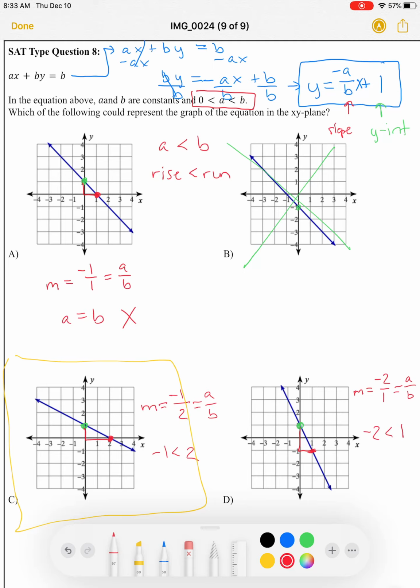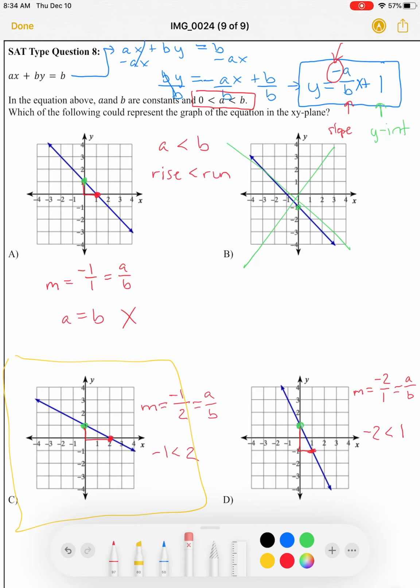Well, negative 2 is less than 1. That stumps us a little bit. So what you have to think about for this problem is we only want the a and b values. The negative slope is part of the direction, whether the graph is increasing or decreasing.